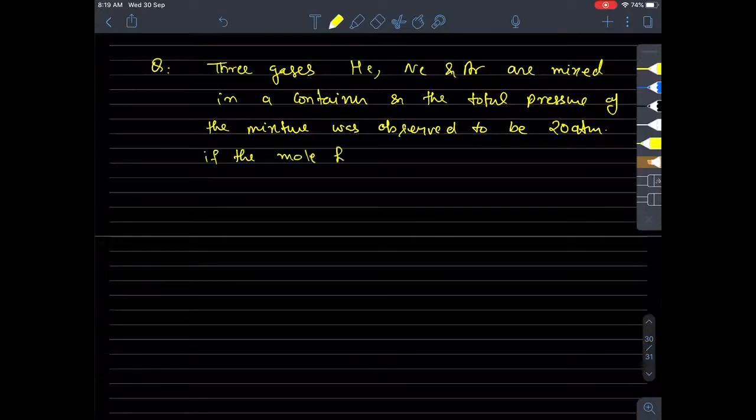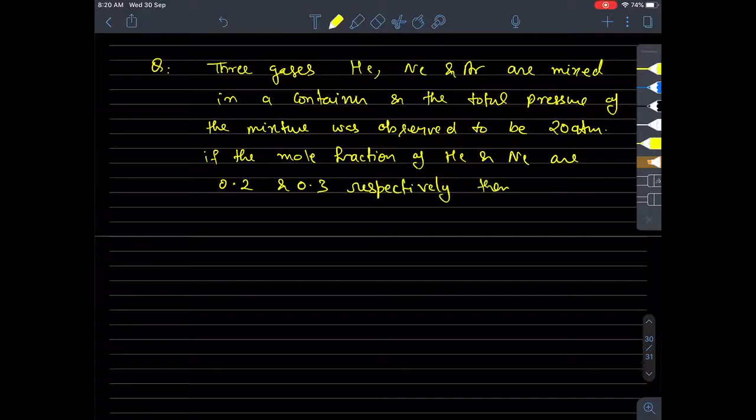If the mole fraction of helium and neon are 0.2 and 0.3 respectively, then what will be the pressure exerted by argon?